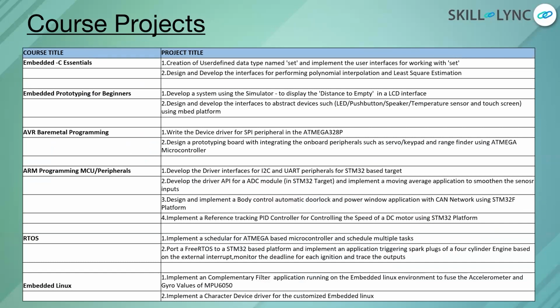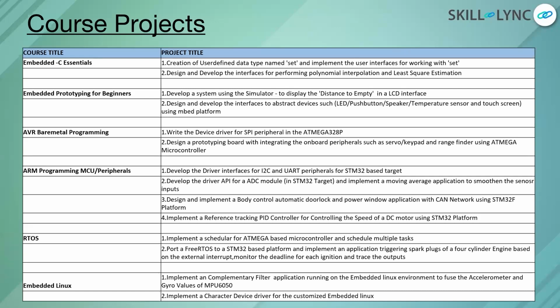Then you need 8-bit courses, and then slowly migrate to a 32-bit architecture. Then you need to know one real-time operating system, and then understand embedded Linux. This is a template of a typical embedded learning path, and the kind of projects you can do with each course.